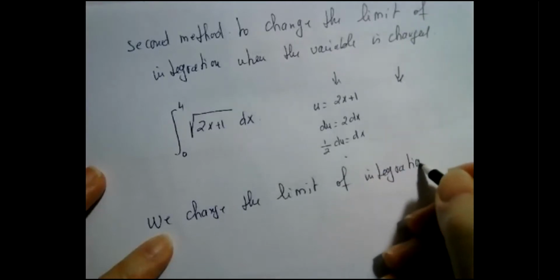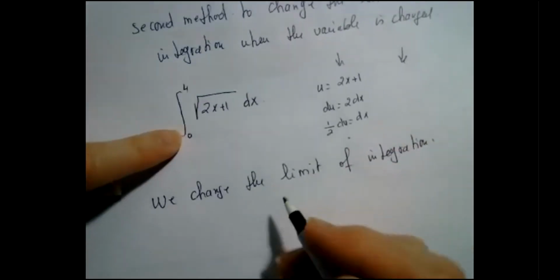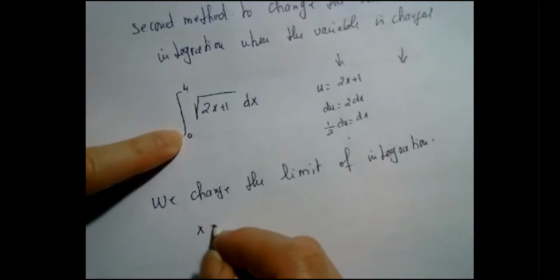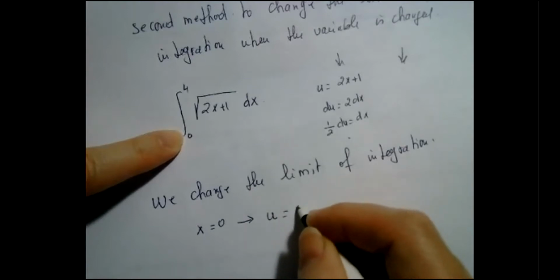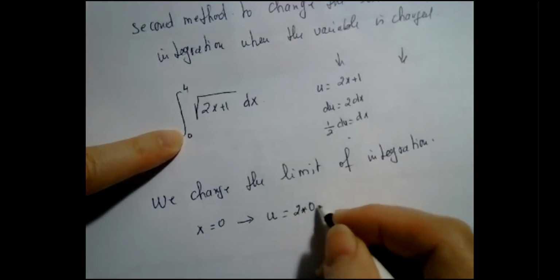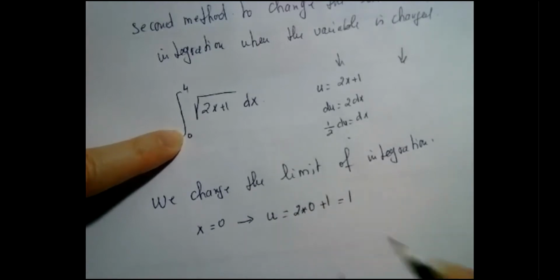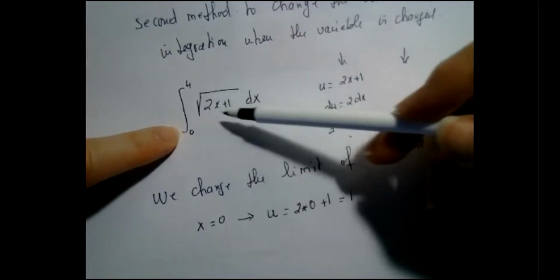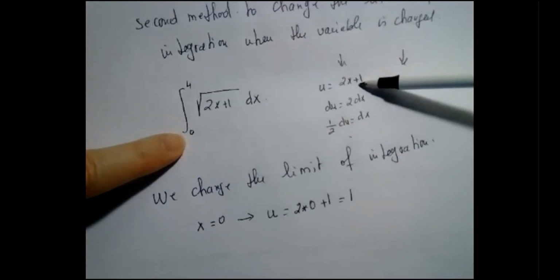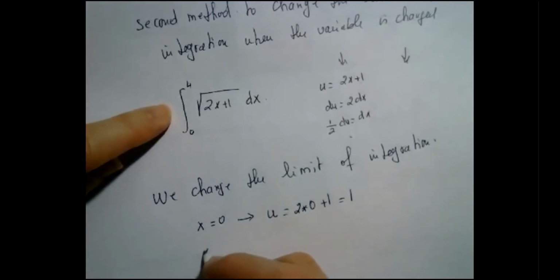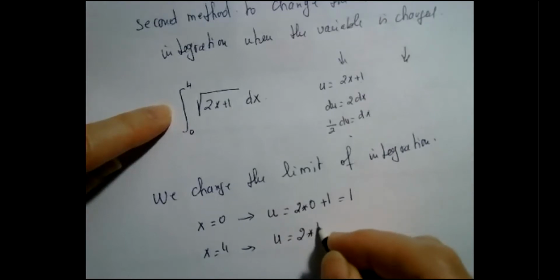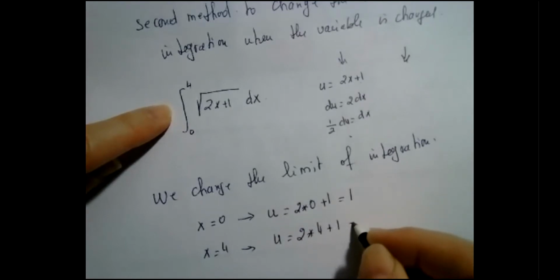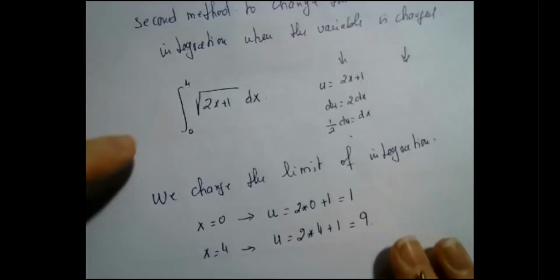It means when x is 0, my u will become 2 times 0 plus 1, which is 1. So if x is 0, what will be my new u? And then if x is 4, what is my u? I substitute 4 for x here. This gives me a 9.